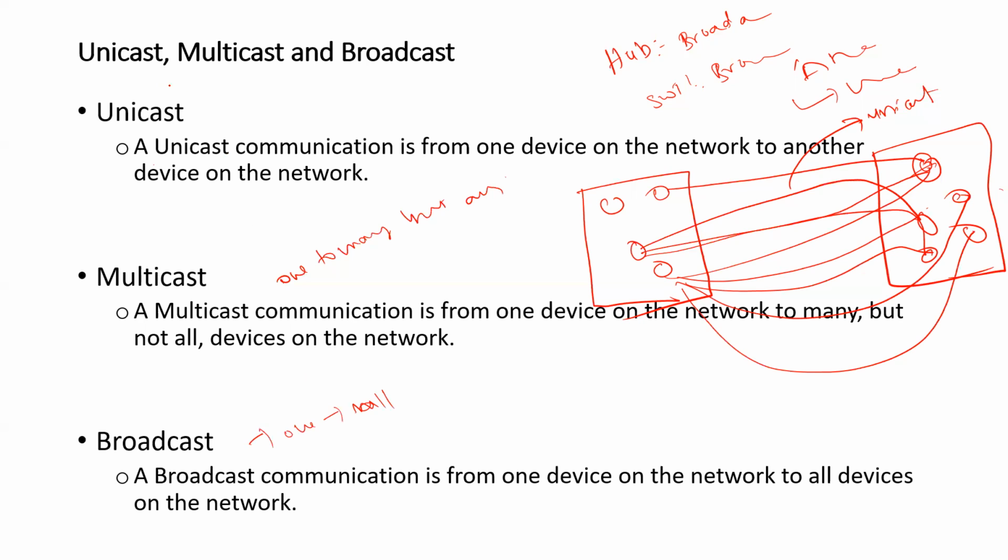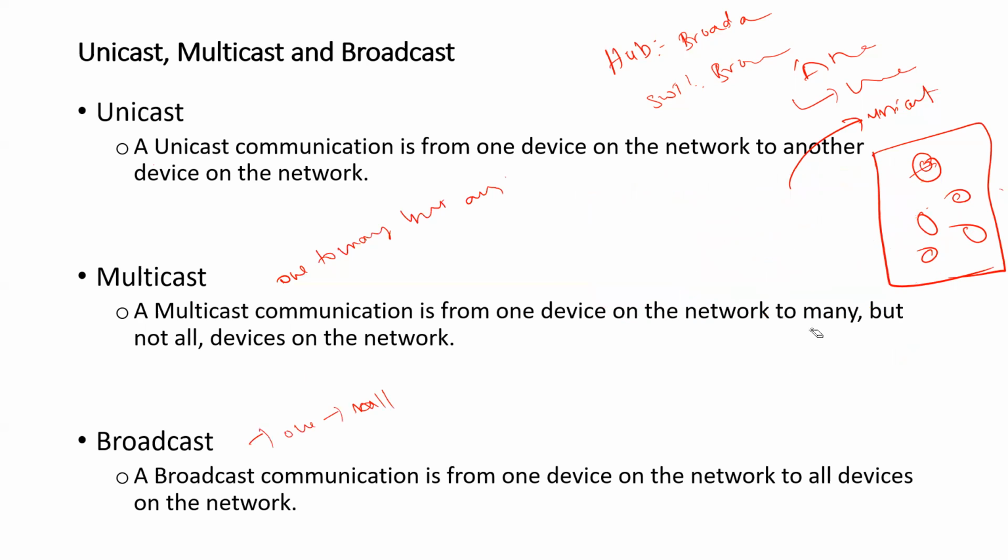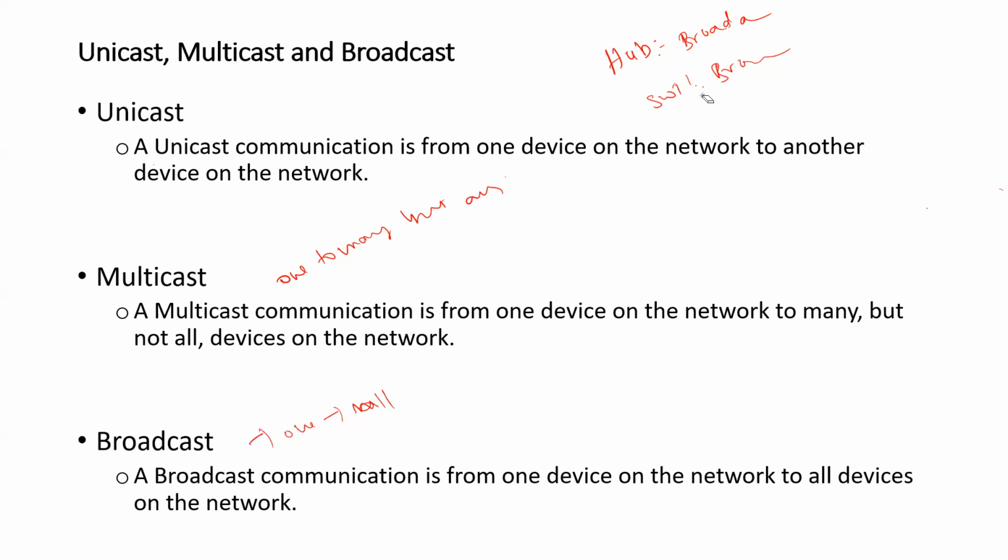Unicast is one-to-one communication. Let me explain in a simple way for you to understand. Suppose we have some computers here, and there are many computers in network E as well. Unicast is one to one.